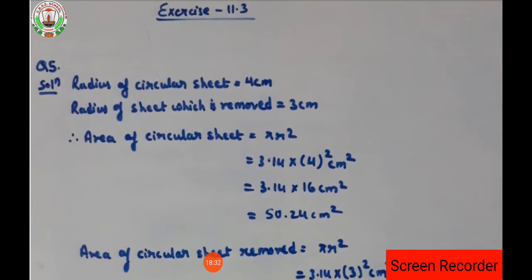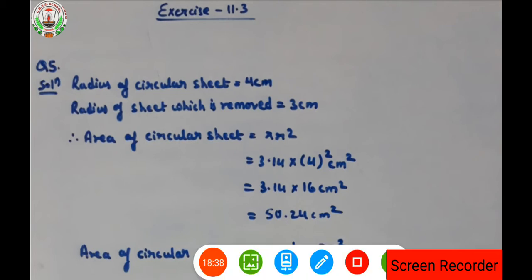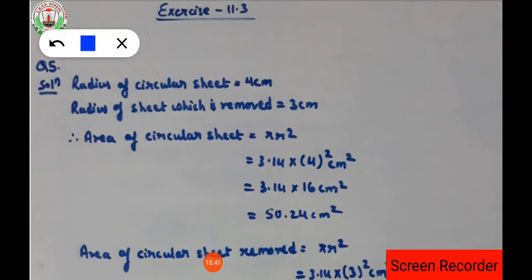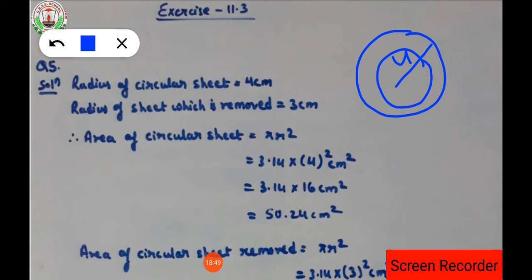Okay, so in the next part, question number 5, it is given that the radius of a circular sheet, suppose we are having one circle, is 4 centimeter. And inside that we have to draw another circle of 3 centimeter.